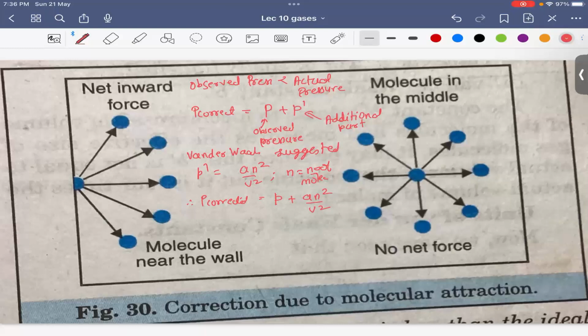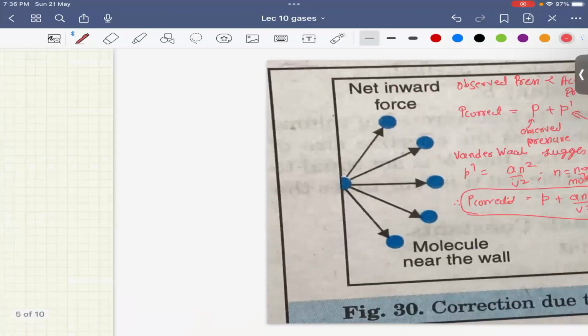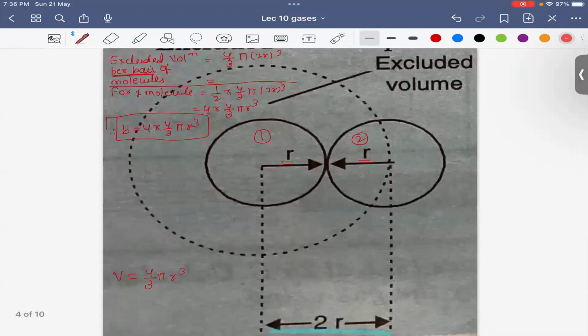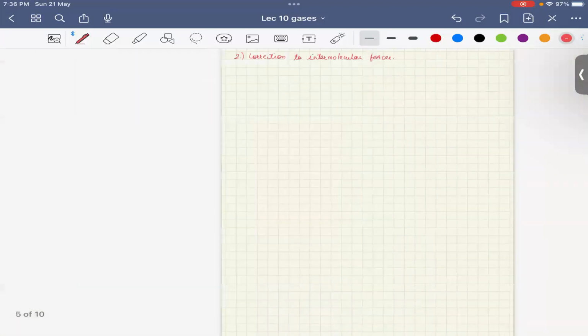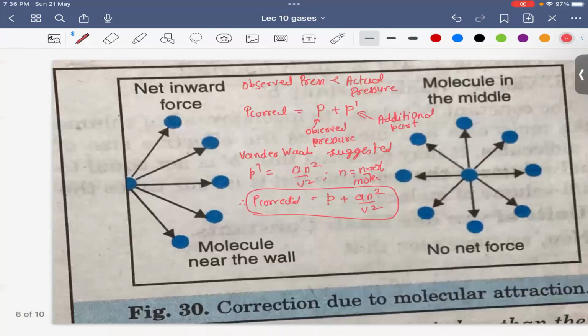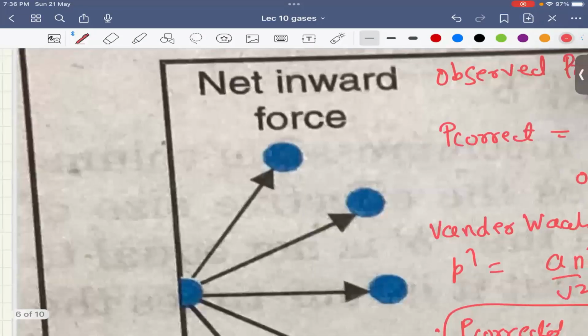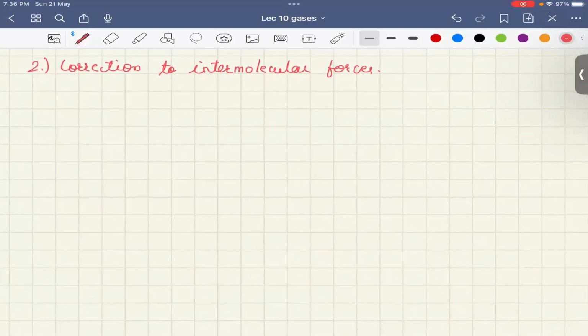So if we substitute this correction term for the pressure term into the ideal gas equation, we should be able to figure it out. The resultant equation which we obtain has to be equal to the actual term.